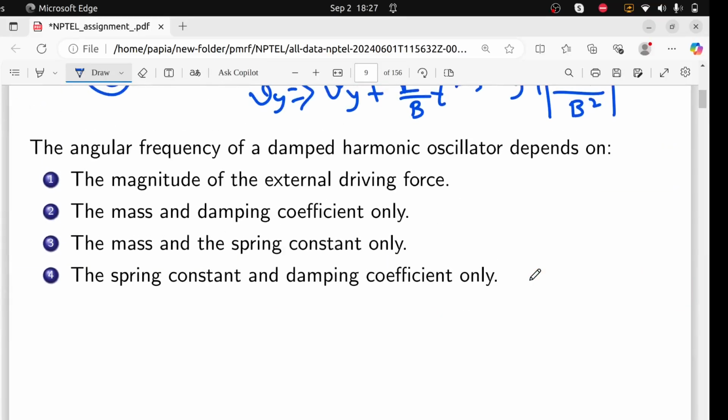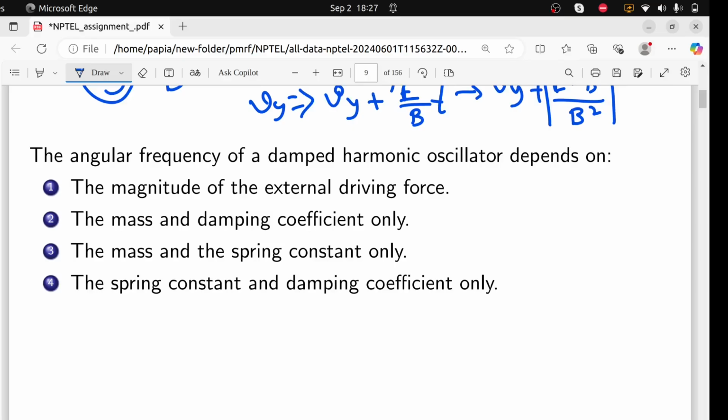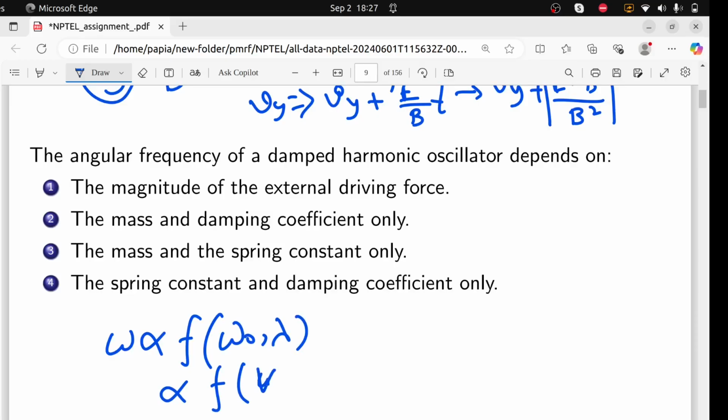So let me go for the options. The magnitude of the external driving force. Okay, so that means our omega is a function of omega 0 and lambda, as a function of k, m, lambda. The magnitude of the external driving force? External driving force magnitude? No, obviously not. The mass and damping coefficient only. Mass means m, damping coefficient is lambda.